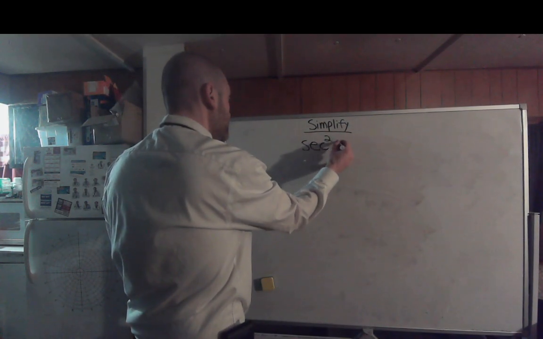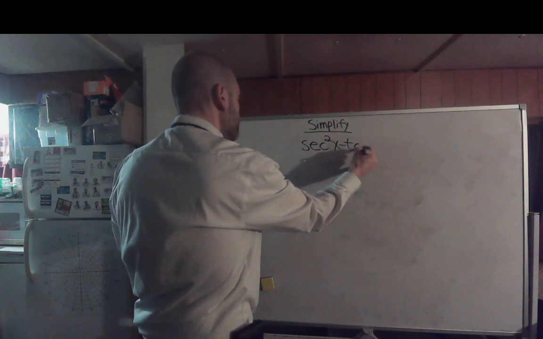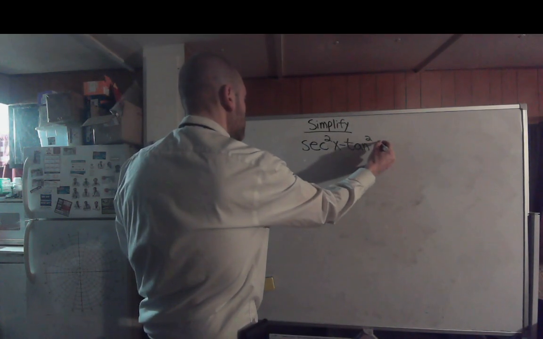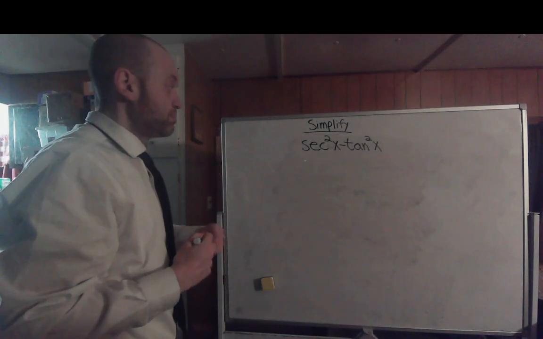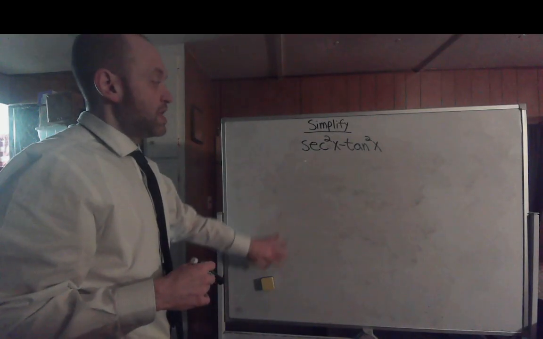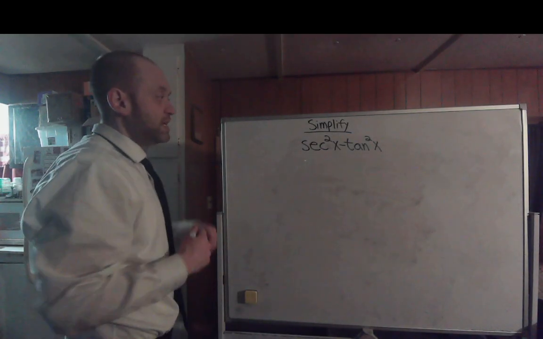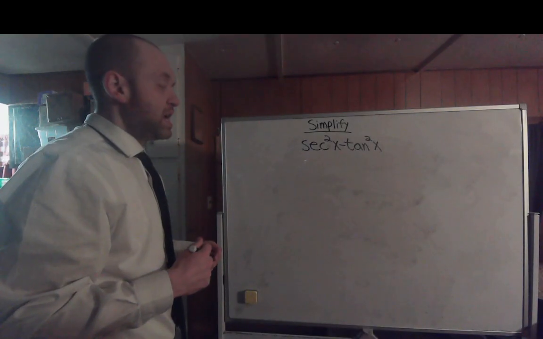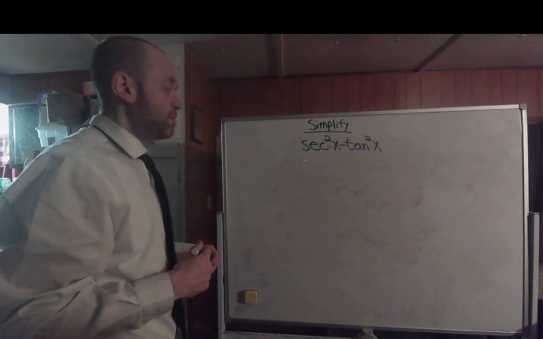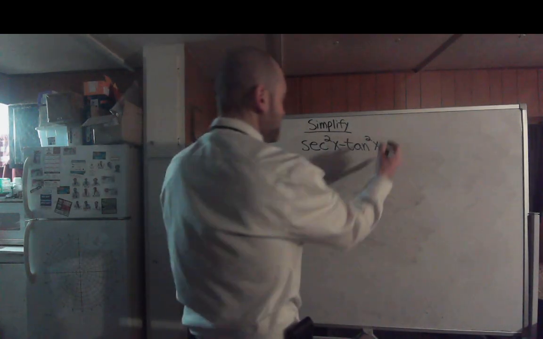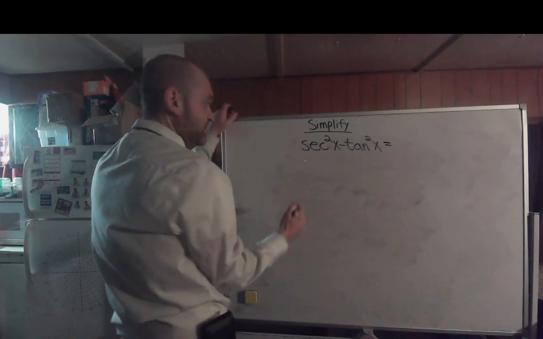Secant squared of x minus tangent squared of x. Well, how are we going to simplify this? There isn't a whole heck of a lot we can do, but probably the best thing you could do is take that secant squared of x and get it in terms of the tangent.